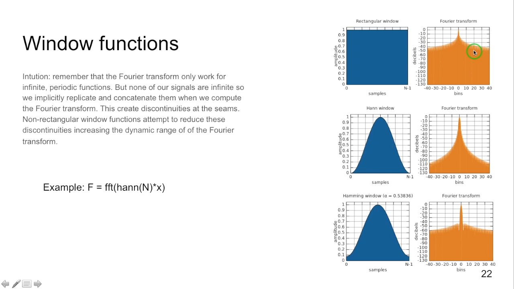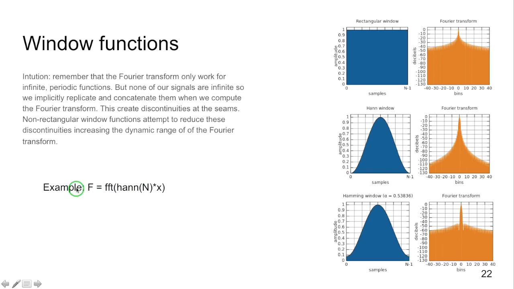And this is the Fourier transform of a pure tone with this window function applied to it, and the dynamic range is small. Whereas if you apply either of these two closely related window functions, you get a much better dynamic range. The most commonly employed are the Hann window and the Hamming window.